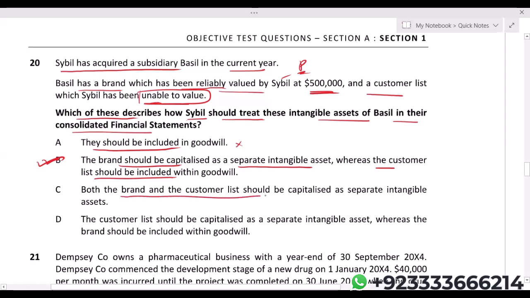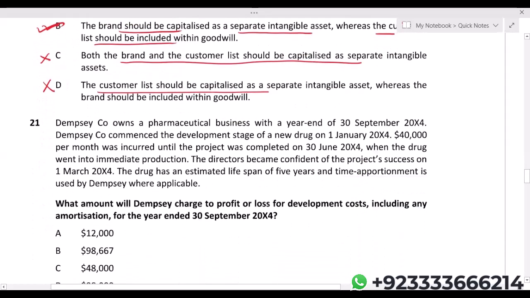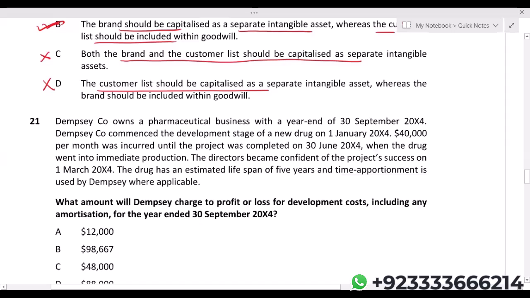Both brand and customer list should be capitalized separately. How can you do that? You don't know the value of the customer list. Oh, you cannot do that. There's no value. You're unable to assign any value to that. Okay, now.